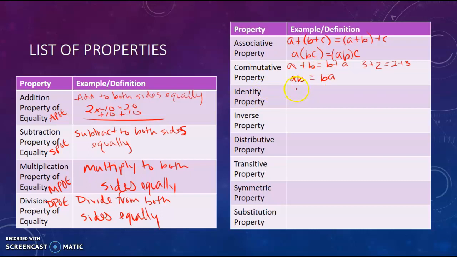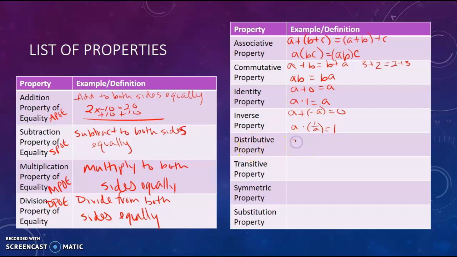Identity property, that's where we take A plus 0 and it equals itself, or A times 1 and it equals itself. Whereas the inverse property is the opposite of this. So A plus a negative A equals 0, or A times 1 over A equals 1. So basically, this is where subtraction and division came in, because they're inverse properties.